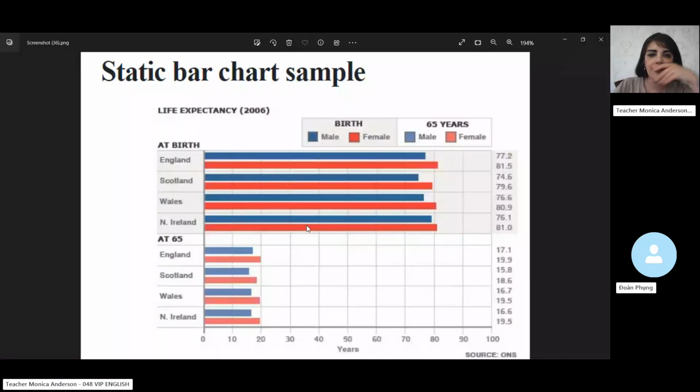You can see again, so let's keep going with this chart. As I told you, we discussed male and we divided male and female. Then we began with birth and after that age 65. Now we're going to do the same thing for female. I want you to describe it.